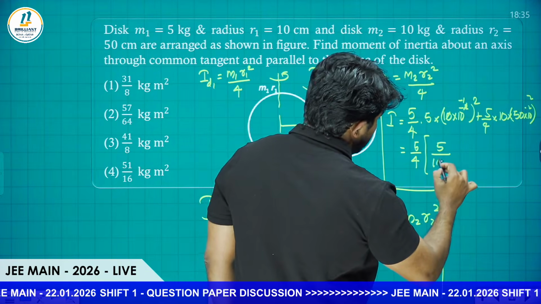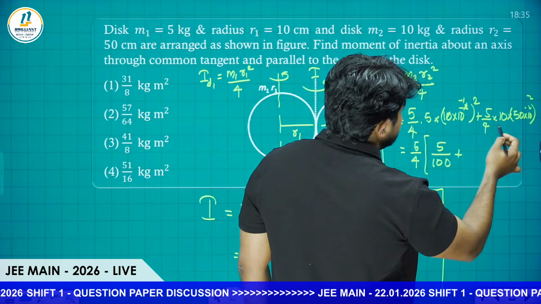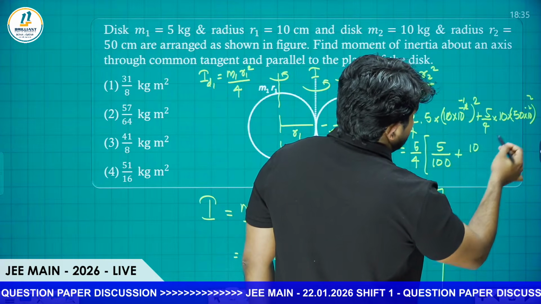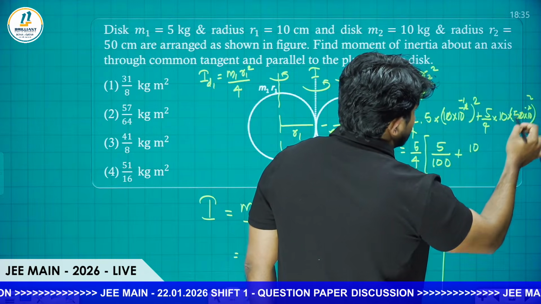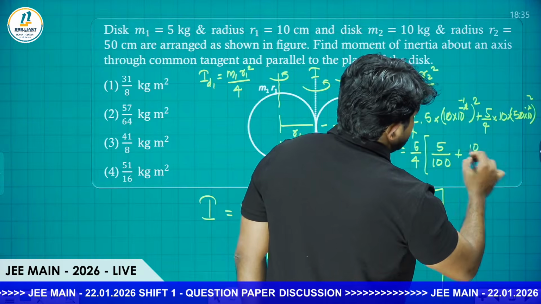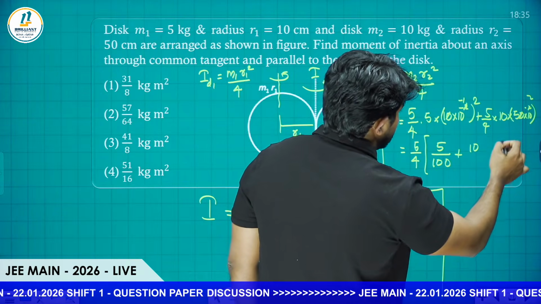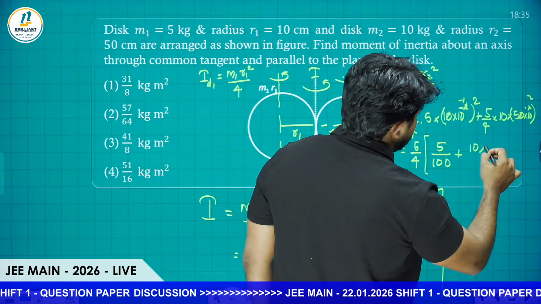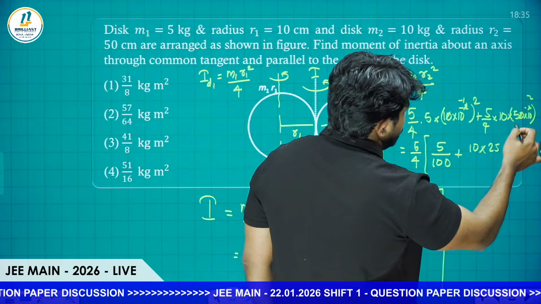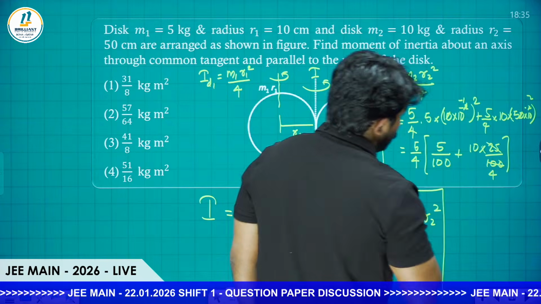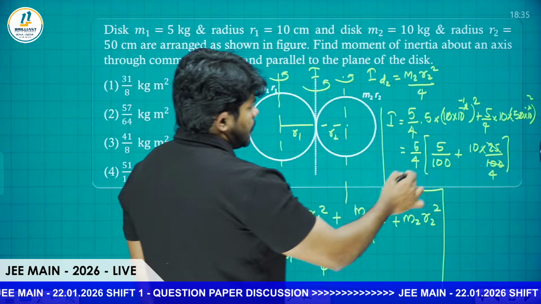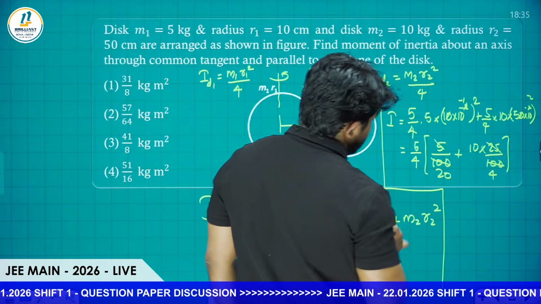So 5 by 100 plus 10 times 25 divided by 100. This can be taken as 4, so this can also be taken as 20.